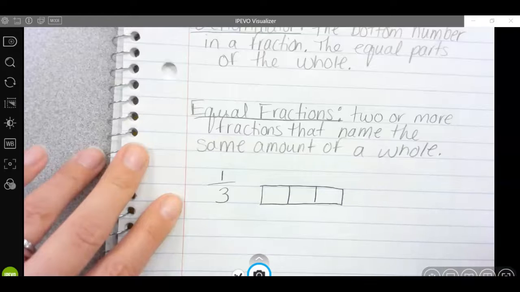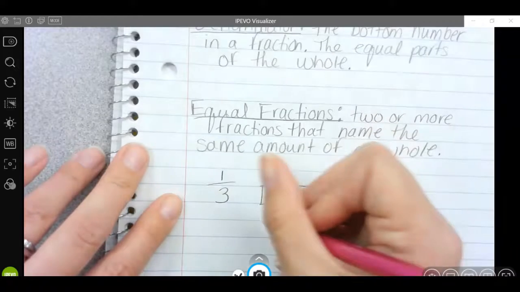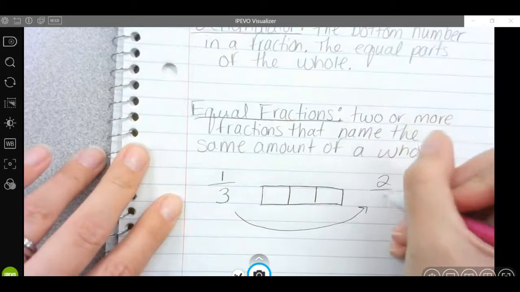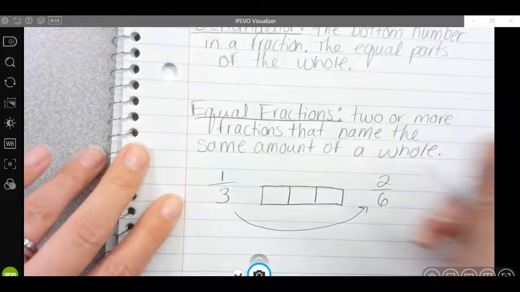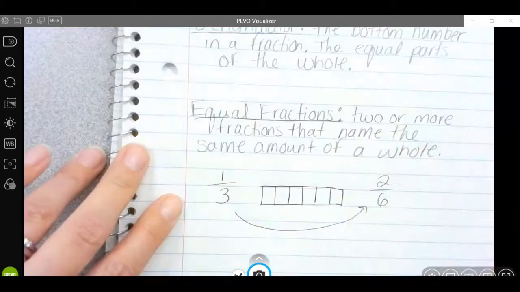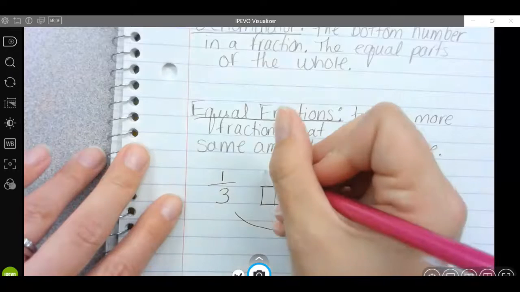Now, an equal fraction, I could easily turn 1/3 into 2/6 by cutting this like that. Okay? So 1/3 is the same as 2/6.